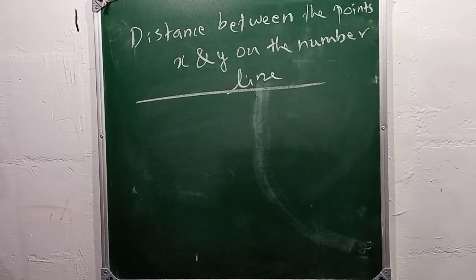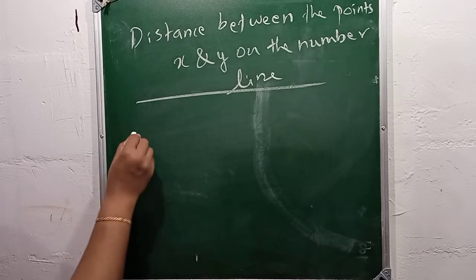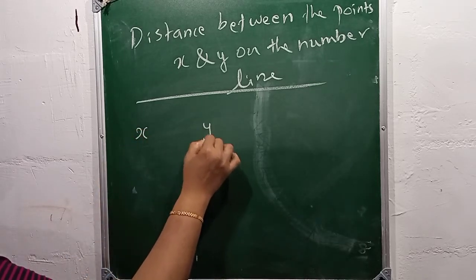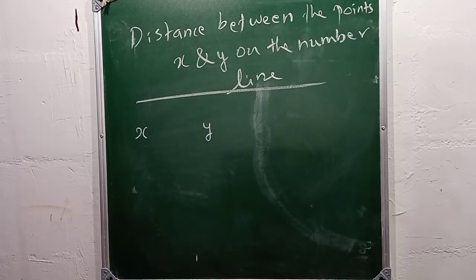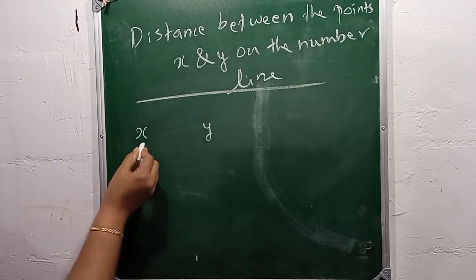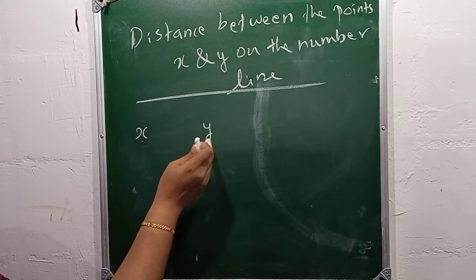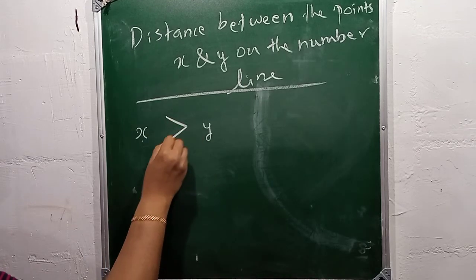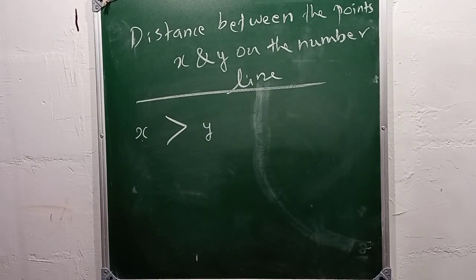That is, the distance between the points x and y on the number line. Okay, 2 points x and y, we are going to find out the distance between the points x and y. Then the distance between the points x and y, if x is greater than y.